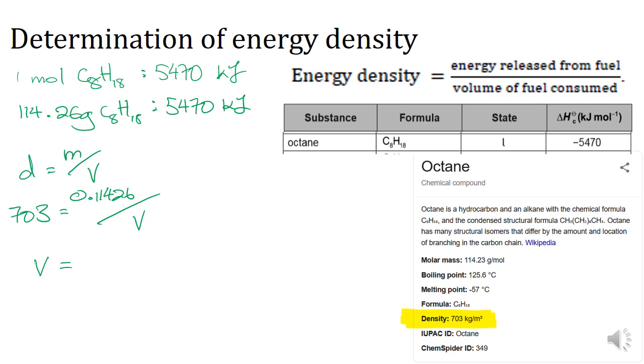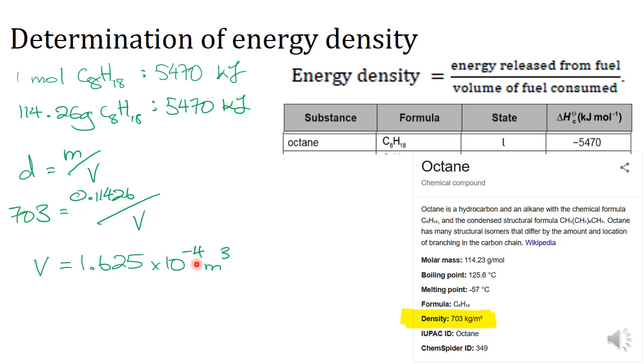So it's 0.11426 divided by 703, which gives 1.625 times 10 to the negative 4 m3. So I've got a volume.